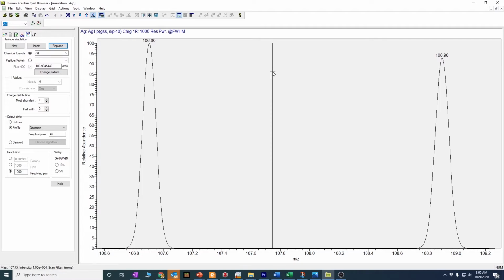Mass spectrometers see isotopes. That was, in fact, their very first use, pretty quickly after J.J. Thomson and his graduate student Aston developed a mass spectrometer. J.J. Thomson was a physicist and just used it to determine the mass and charge of the electron. Aston said, I think we could use this for analytical purposes.